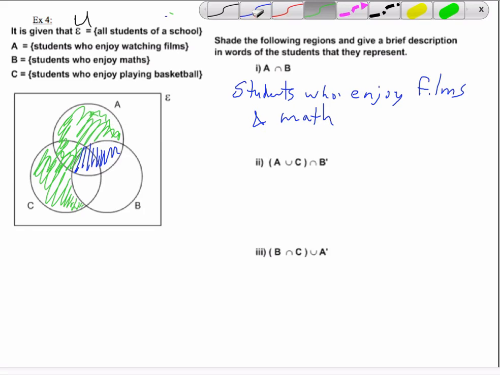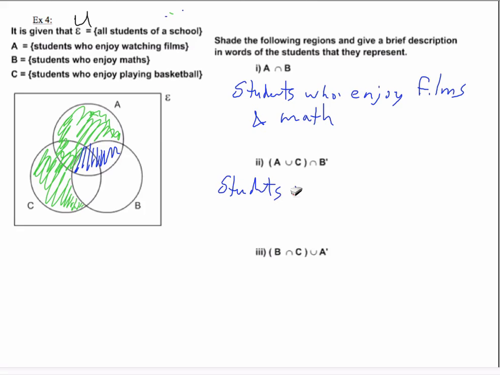So what does that represent? They're in A or C, so they enjoy films, they enjoy basketball, they don't like math. So these are students who enjoy film, basketball, but not math.